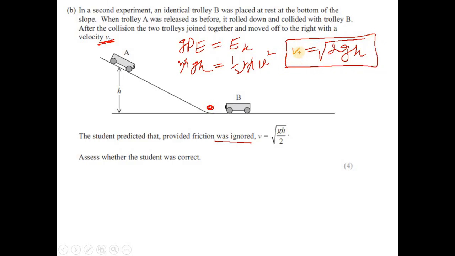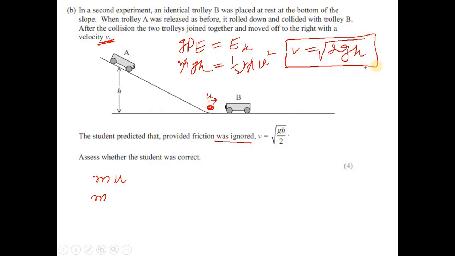This is a general expression if some object is falling from height h and you need to find the velocity at the bottom. So, because this is all about momentum, we assume that the velocity of trolley A is u at that point, just before the collision. So the momentum of trolley A before the collision would be m into u, where u is the initial velocity before the collision.